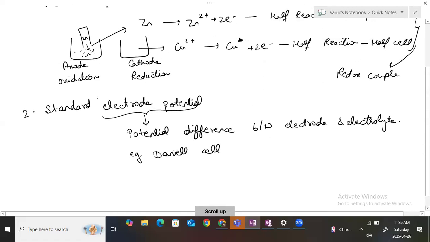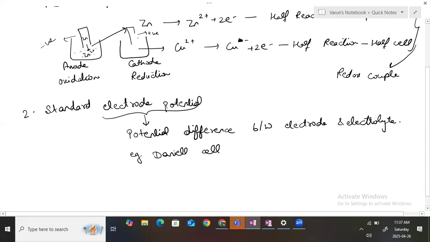I told you earlier that whenever I was considering the anodic part, the zinc is getting converted into Zn2+, so electrons were on the electrode. As the electrons were on the electrode, this one is negatively charged. We discussed this yesterday. Yes, ma'am. And in the case of the cathodic one, we have positive charge on the electrode. Correct?